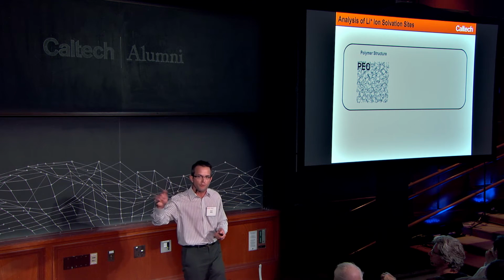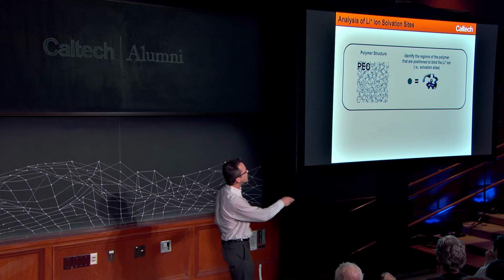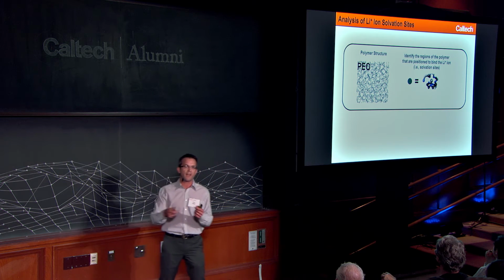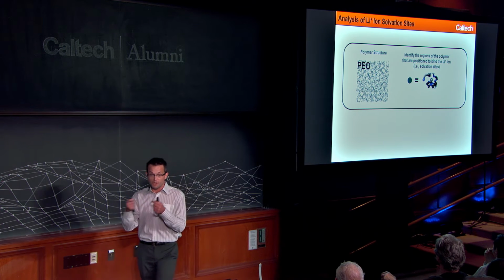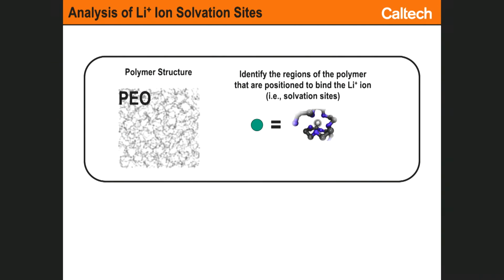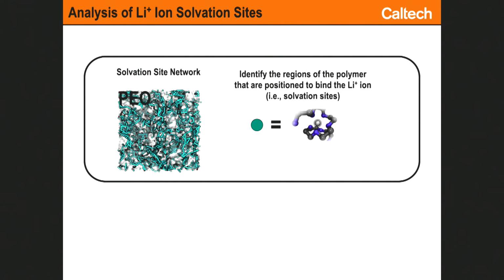Let's raster through three-dimensional space, and every single time that polymer has a local arrangement of atoms that looks like what it would want to look like around a lithium ion, basically that is pre-configured to successfully bind with the lithium ions, we're going to drop a little blue ball. Boom. So this gives us a way to map all of the different places that are primed to happily accommodate a lithium ion throughout the entire polymer material.